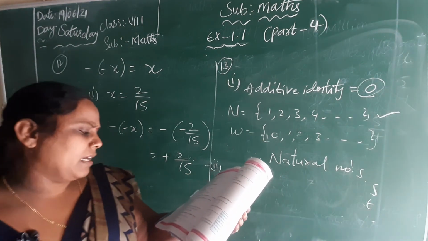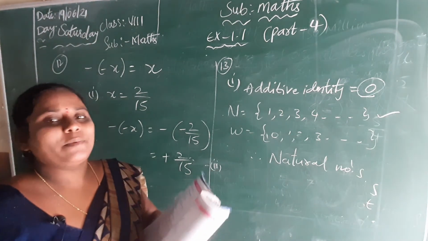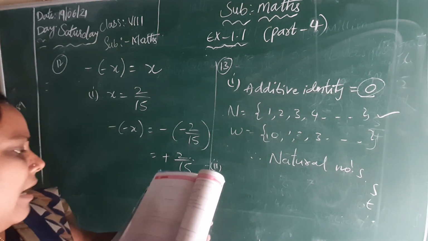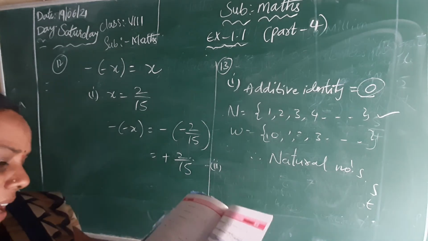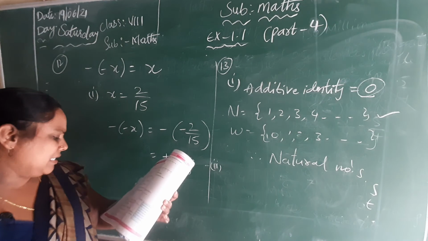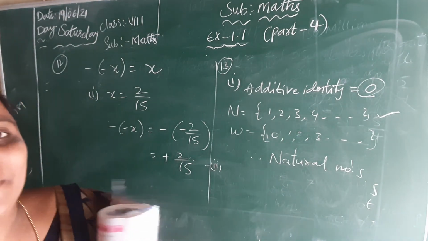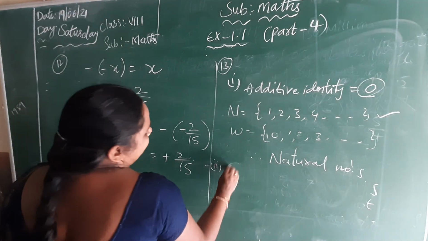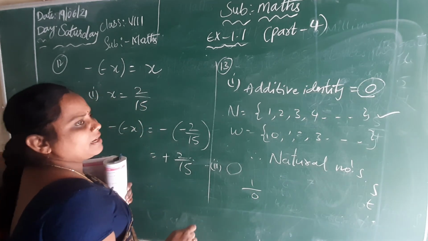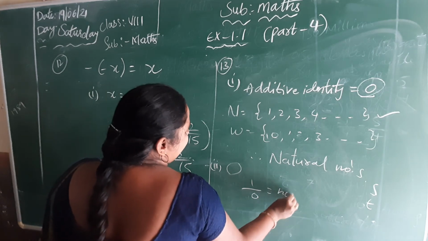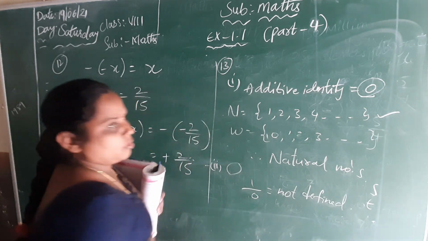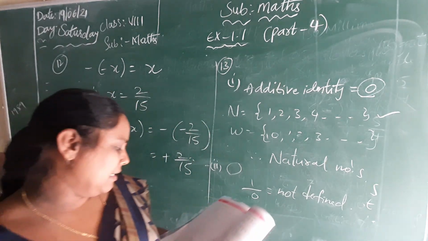Next, second question. The rational number that does not have any reciprocal. In the second bit we have already seen which rational number does not have any reciprocal. Which rational number? 0. Why? Because we can't write 1 by 0. If we write 1 by 0, it is not defined. So 0 is the answer.